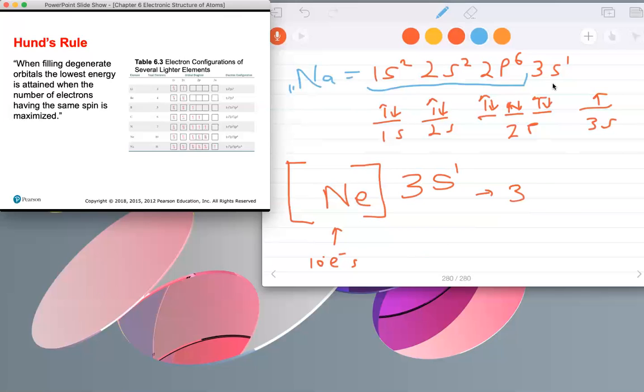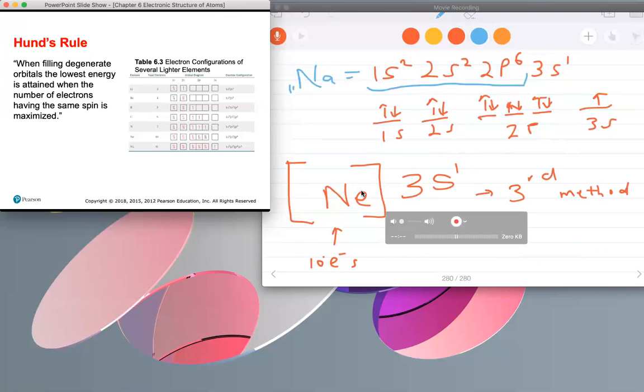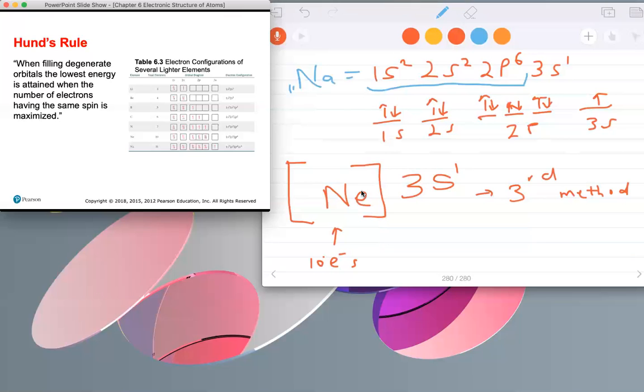This is the third method of writing electron configuration. This is where the group 8 element comes in. You use a group 8 element to designate the core electrons. There is no way you can write this unless you write the long method, or method 1: 1s2, 2s2, 2p6, and so forth.